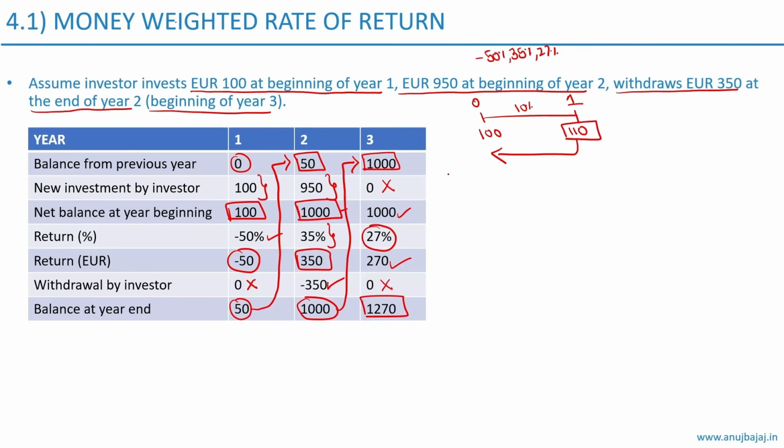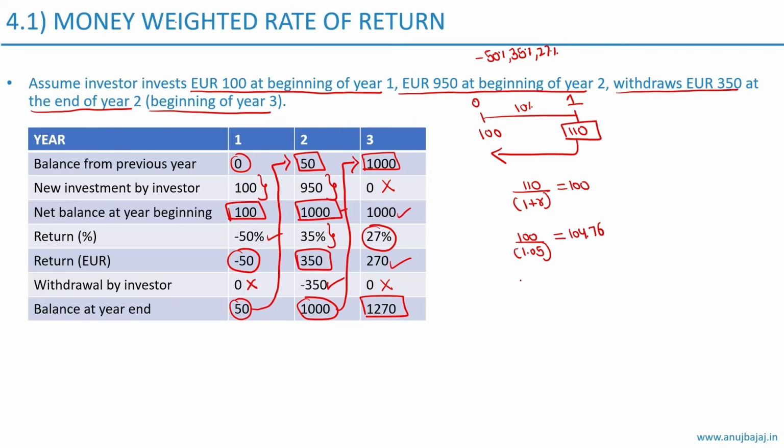So how do we do it? We take 110 and divide it by 1 plus some discount rate, which should give us 100 dollars. So let me take 5% as the discount rate. If I take 5% as the discount rate, I will get 104.76, which is not the same as 100 dollars.